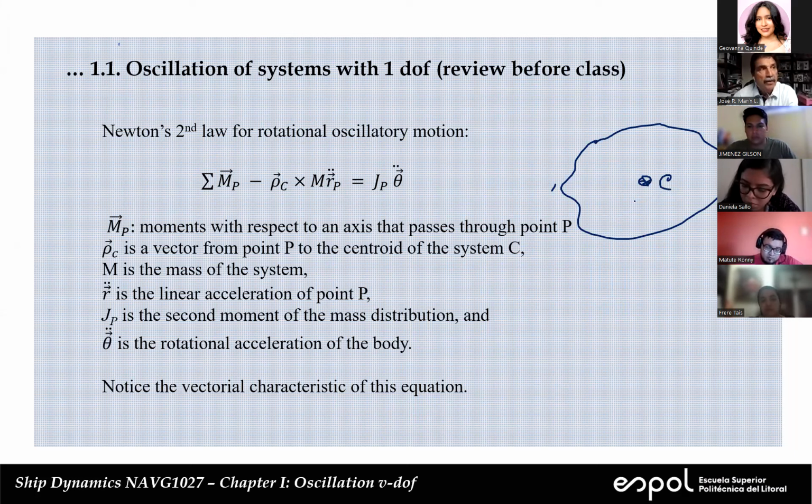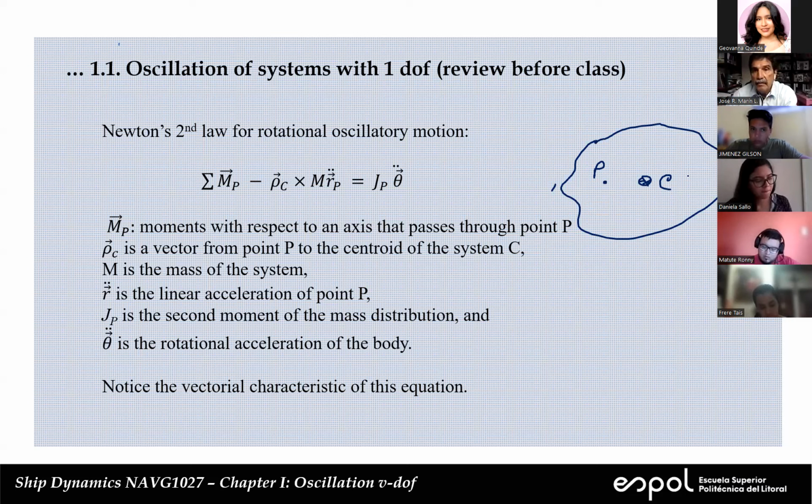And let's suppose that we are working in the plane, okay? So we can have a point P and we can pass an axis through that point. And this axis is orthogonal, it's perpendicular to the plane of the paper, okay?